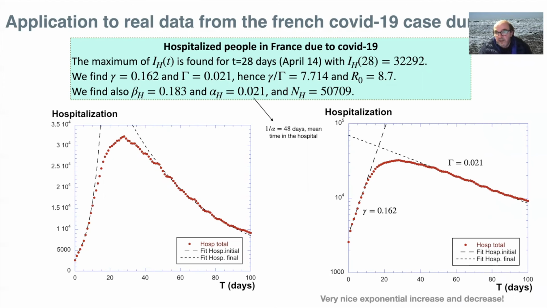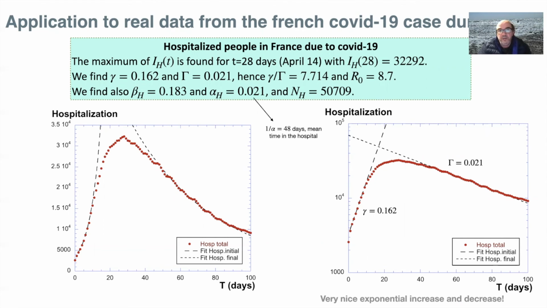We can see the initial increase, a maximum, and then an exponential decrease. We can numerically estimate the two slopes. Small gamma is 0.16 and capital gamma is 0.021.